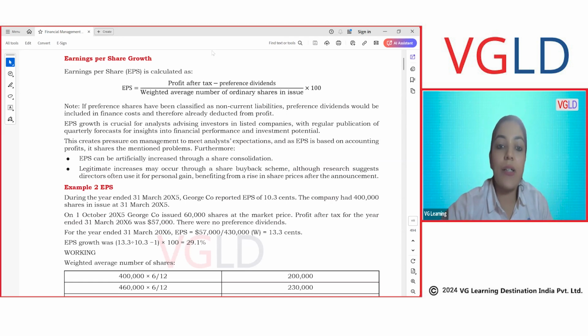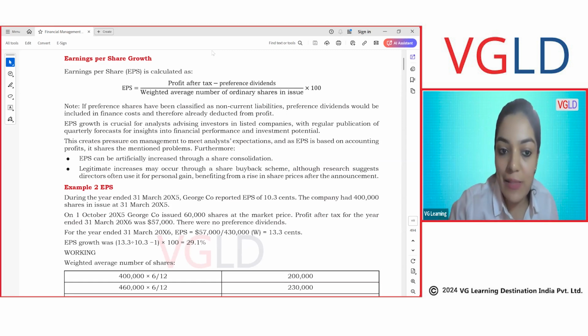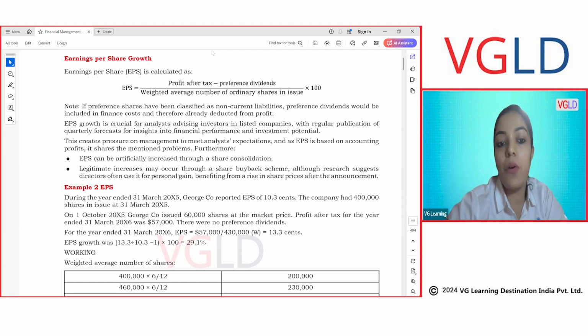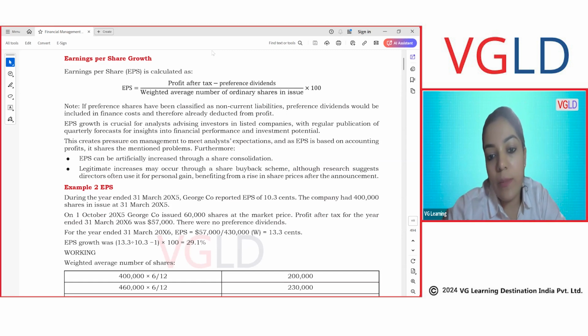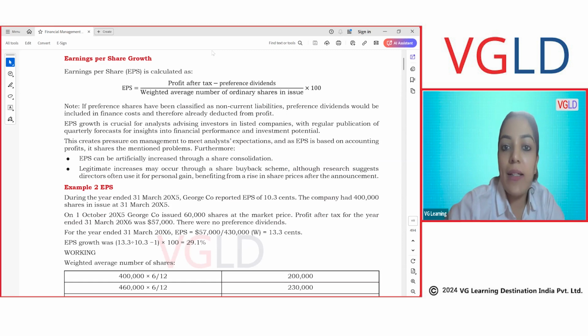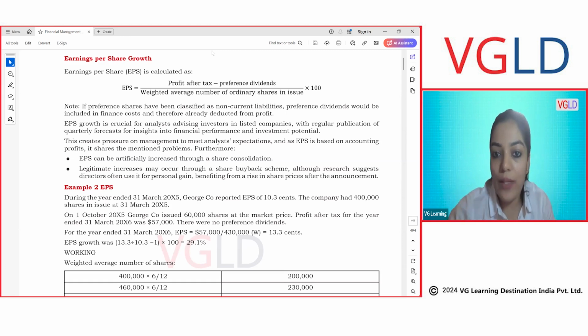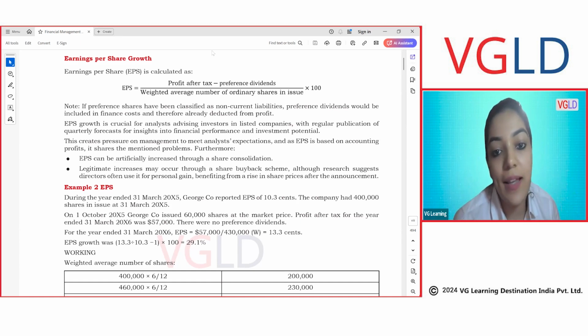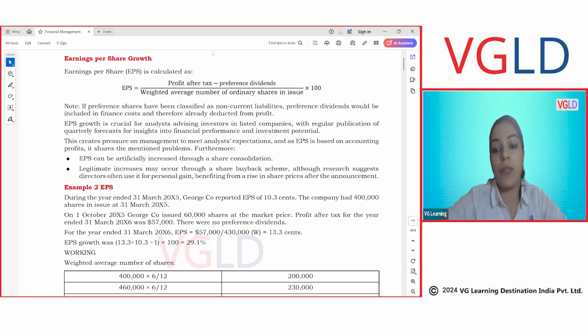In share consolidation, they will take back these shares, the share certificates, and a fresh issue of share certificates will happen of 50,000 shares at $20 per share. It's a common practice. It doesn't affect the shareholders at all. The total value remains the same. It's just a restructuring tool. You're restructuring your balance sheet. It doesn't have any financial impact.